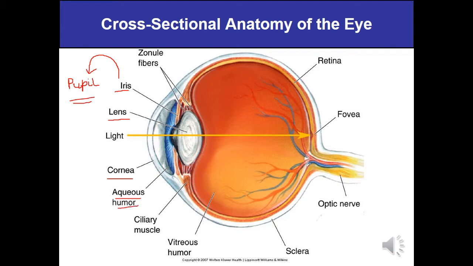The back part of the eye is completely covered with light sensitive cells, known as the retina. These light sensitive cells convert light into electricity, and finally these electrical signals are carried from the retina to the brain through nerves.